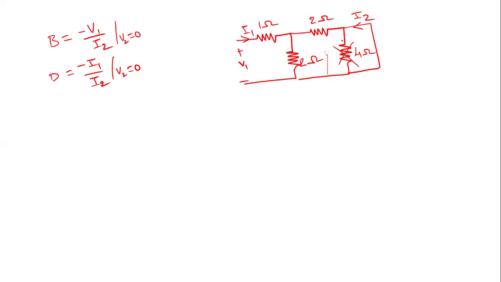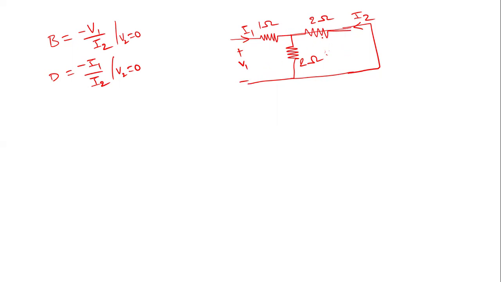The circuit will look like this. This is a 1 ohm resistor, this is a 2 ohm resistor, and there will be a 2 ohm resistor.